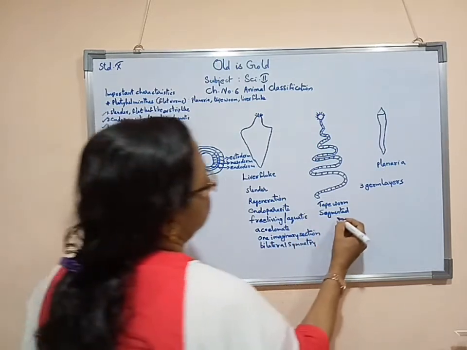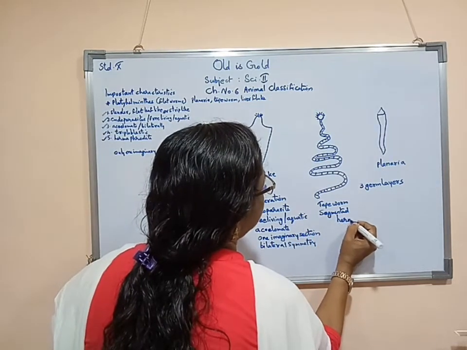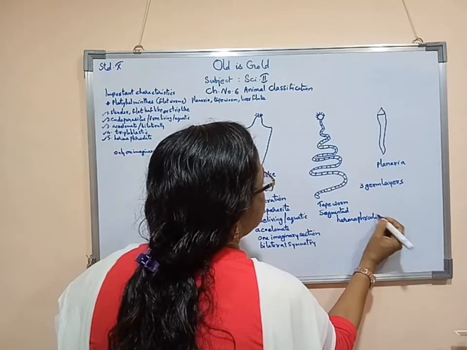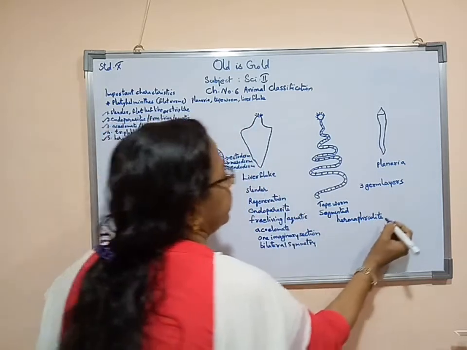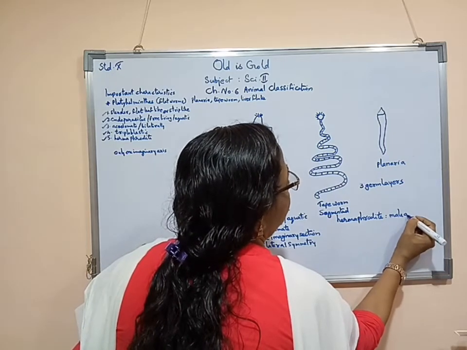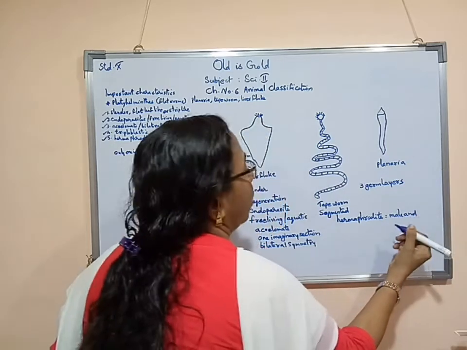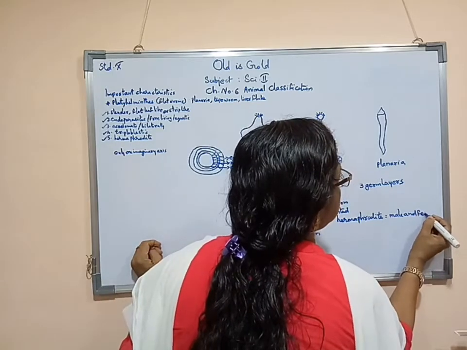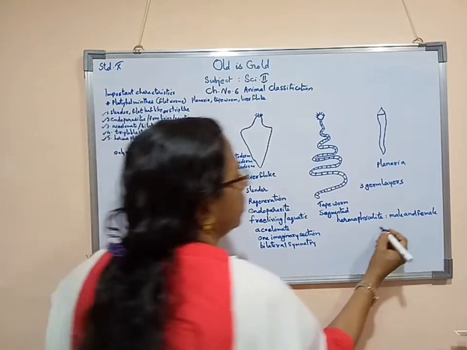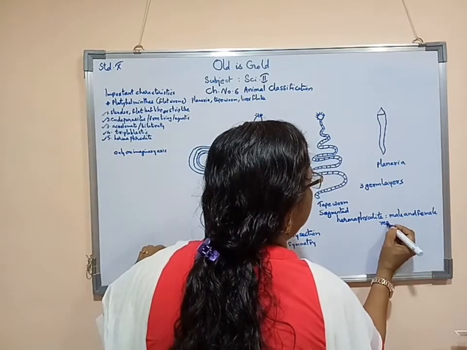Hermaphrodite, what is meant by hermaphrodite? Hermaphrodite means the organisms have both male and female organ systems.